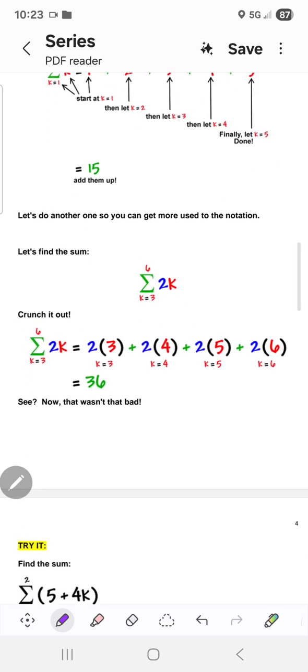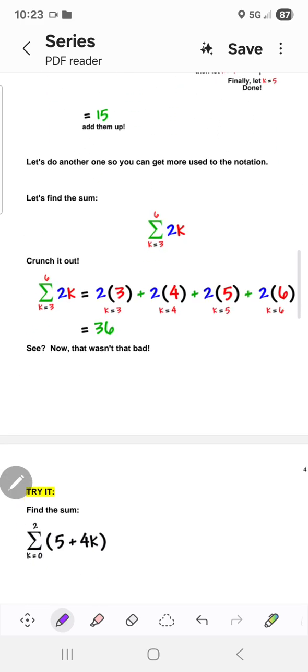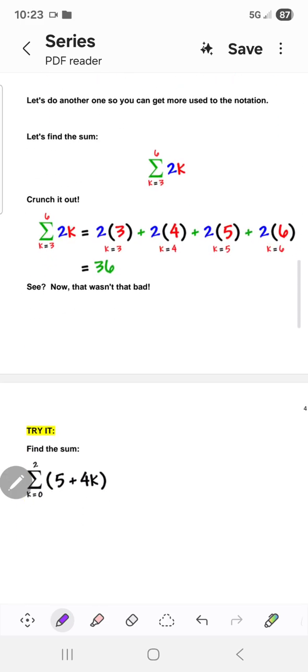Let's do another one so we'll have a little bit more notation to get used to. Here it says we're going to start by plugging in 3 and we're going to stop at 6. So I'm going to start here. K is going to be 3, so 2 times 3, plus sign because it's sigma. Now I'm going to go up to 4.